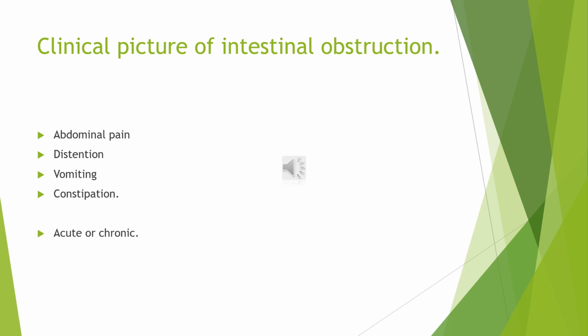In addition, the patient is also complaining of vomiting and constipation. And intestinal obstruction can present as an acute problem of sudden onset, like in the cases of intussusception or volvulus or infarction, but it also can present as a chronic, long-standing problem, like in the cases of Hirschsprung disease or in the cases of tumors.